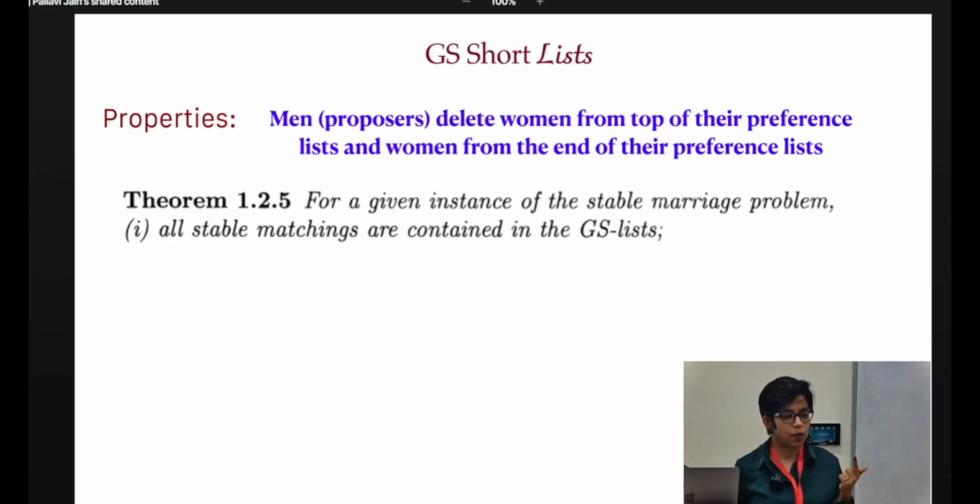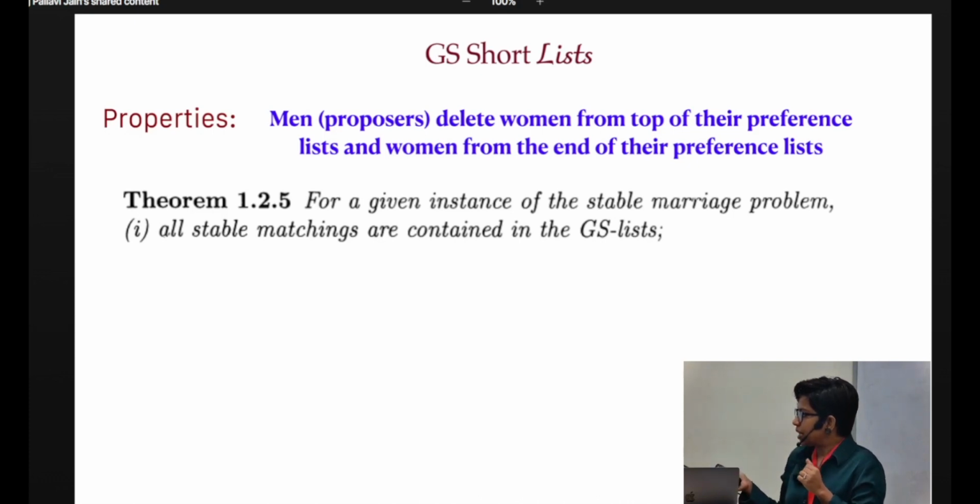An important question here: the culling was done from the way that the men were proposing. The same thing can happen if the women propose. So if you do it from both sides, you would possibly get an even shorter preference profile, and all stable matchings are contained within this shortened profile. That's what this first condition is saying.